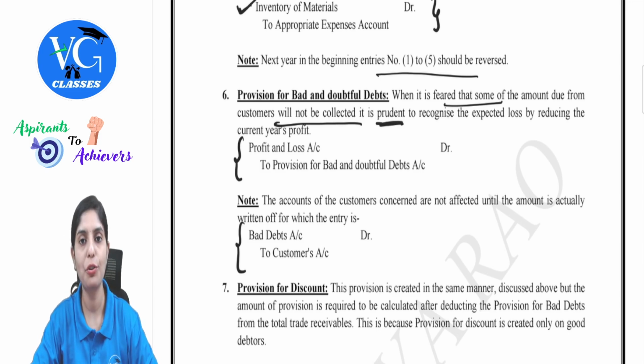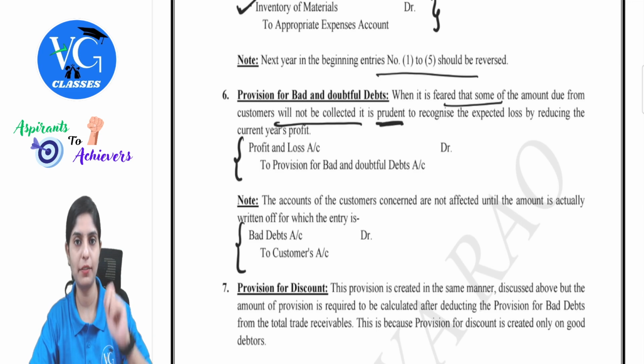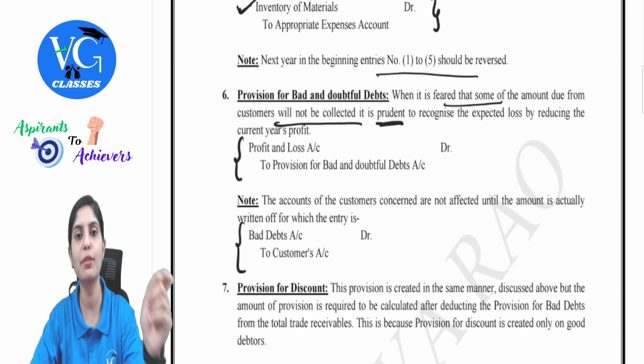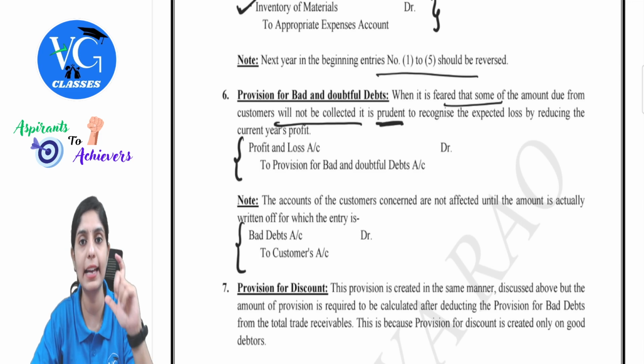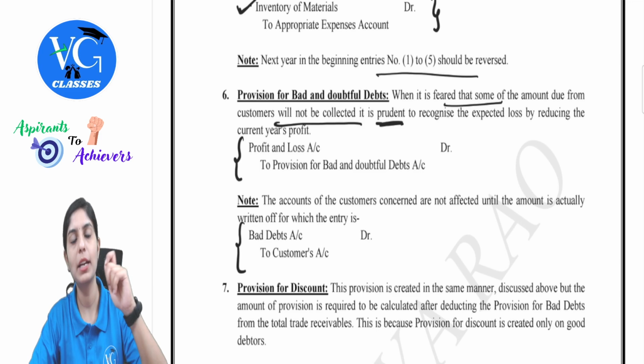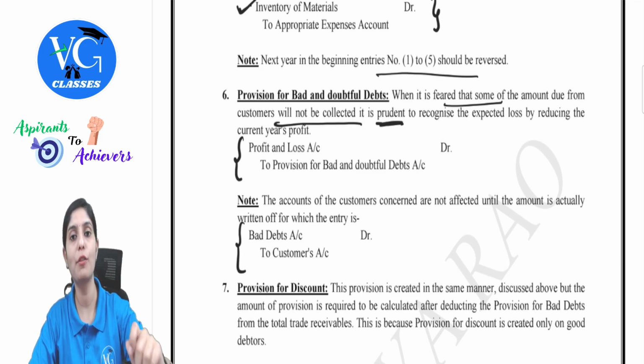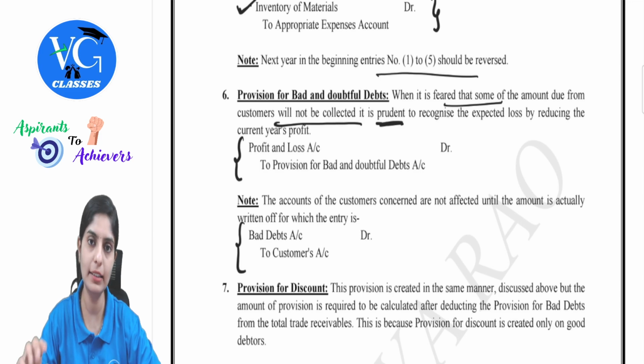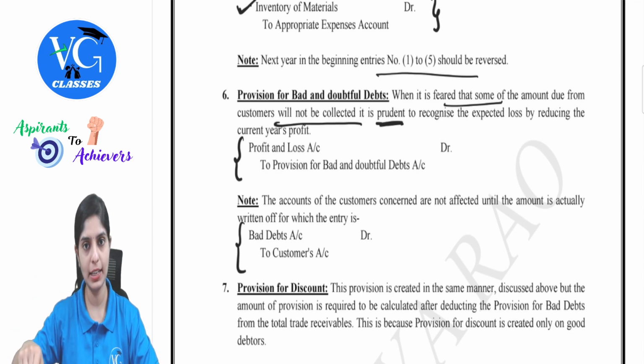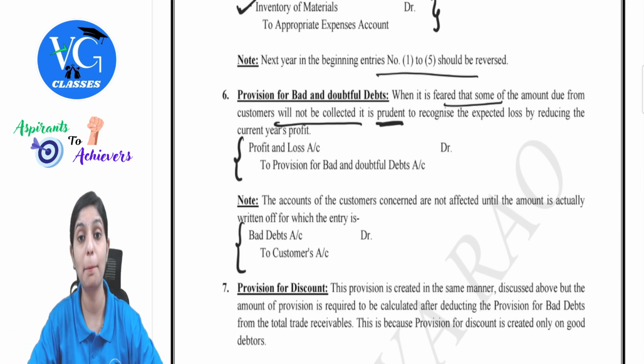Another situation comes wherein you have bad debts as well as provision together. Again you have to be careful where it is appearing, whether it is in additional information or in trial balance. Now let's consider that bad debts is coming in additional information, provision is already there in trial balance, and additionally they are also asking us to create provision at 10% on debtors.